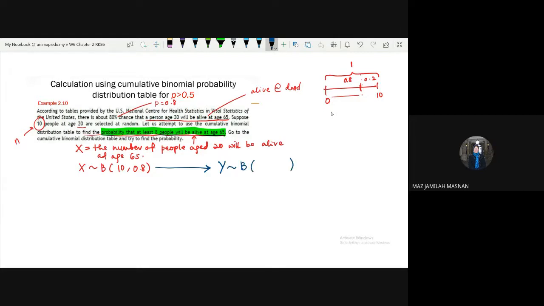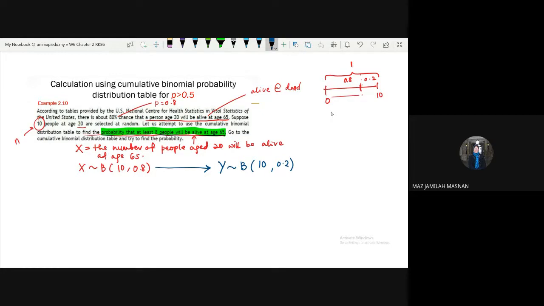Now what happened to the trials and probability of success? When you transform, the number of trials is still the same. You have 10 trials. But since we are going to look into the same binomial table that we looked at before, 1 minus 0.8 would be 0.2.